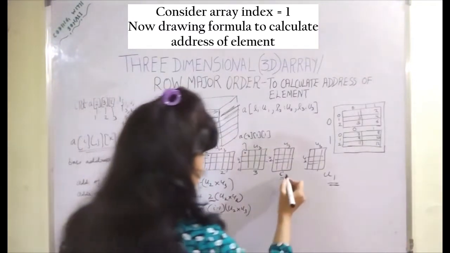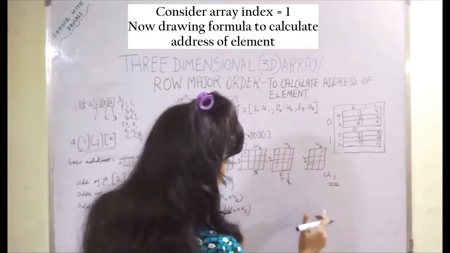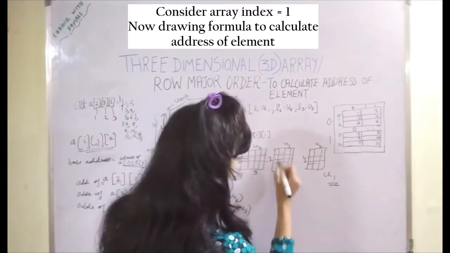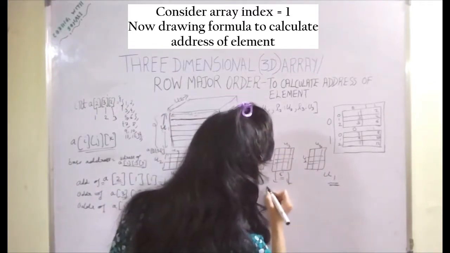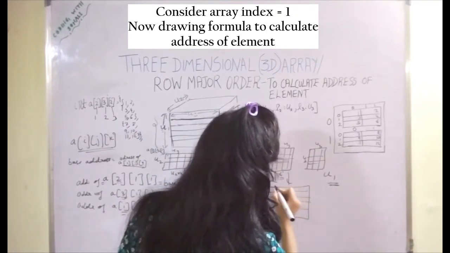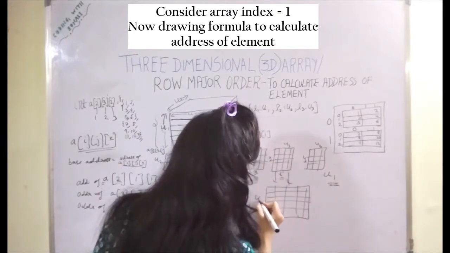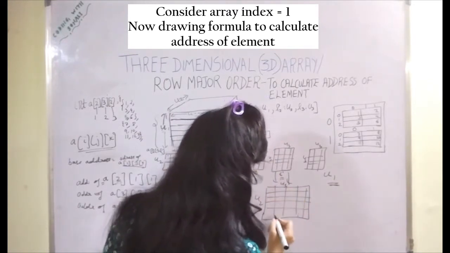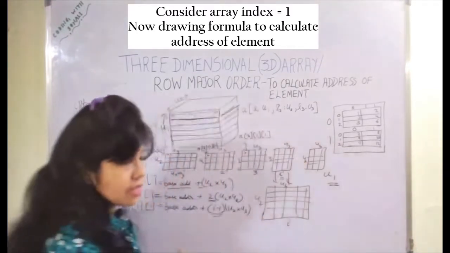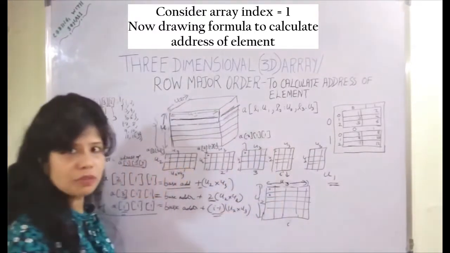Now let's enlarge this small 2D array into a bigger size and see it in more detail. So I am extending this, this is my U2, U3, and this I which I am extending, this whole thing into a bigger size. We know the address of this, we got it like this. Now we have to calculate the address of this element.